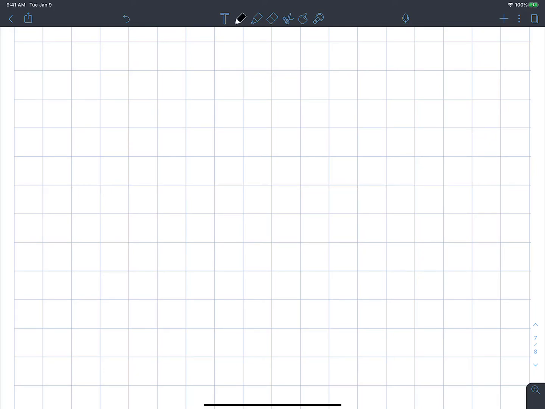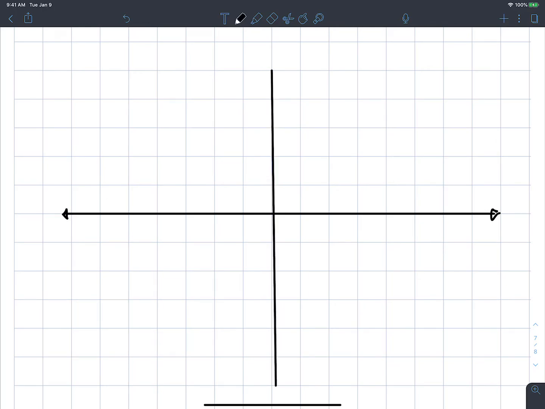And I don't like that. So let's do this. Okay, that's a bit better. And then the y-axis. There you go. X-axis, y-axis.